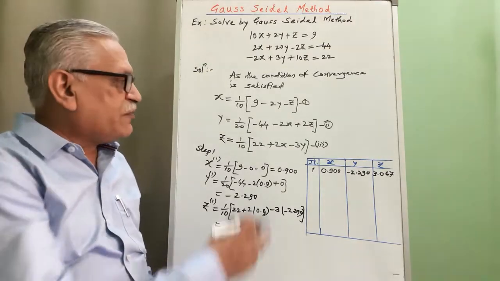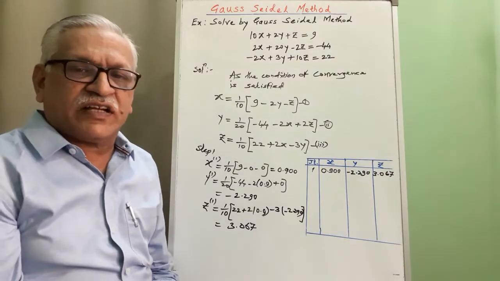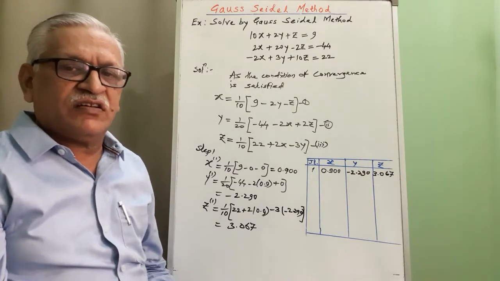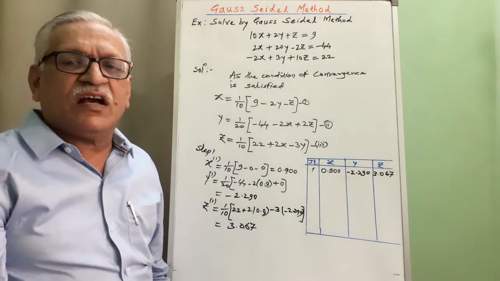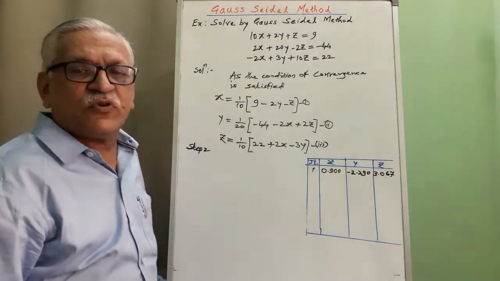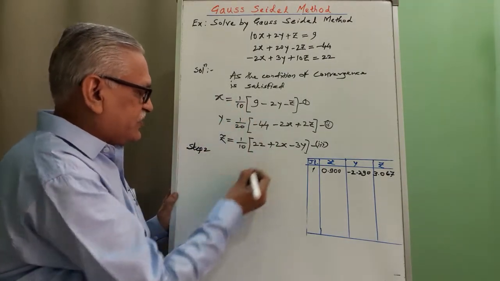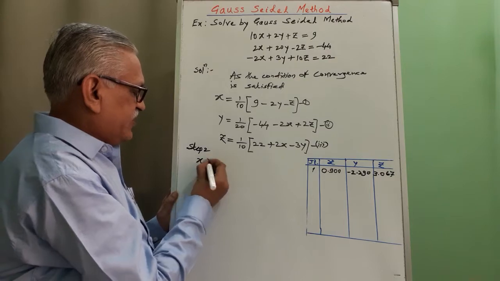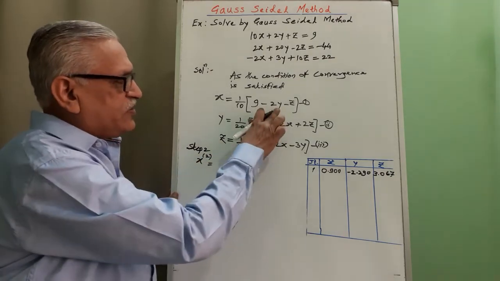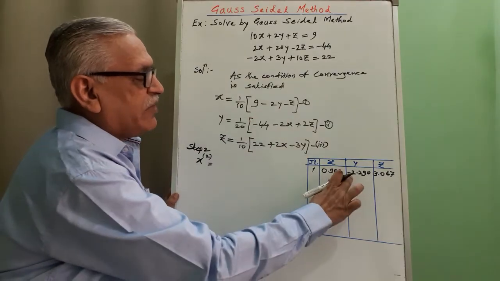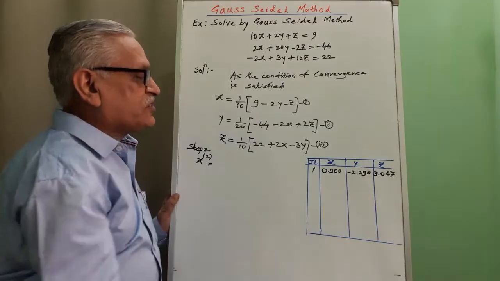Then we have to repeat the same steps once again to find the second approximation for the values of x, y, z by substituting the latest values, step 2, iteration number 2. Once again using equations 1, 2, 3 to get a new approximation. Therefore x2 equals, this time we use y as minus 2.290 and z as 3.067.